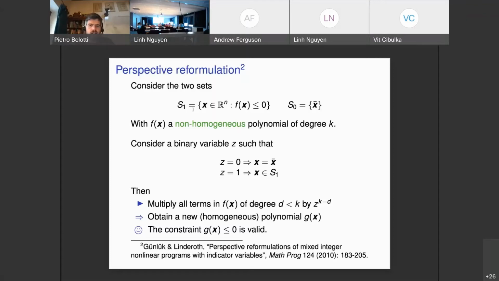What you get is now a homogeneous polynomial g of x, and the constraint g of x less than or equal to 0 is as valid as f of x less than or equal to 0 was. And this time it takes into account the fact that for z equals 0, the constraint can be ignored. There is a citation here with the technique in much more detail by Günlük and Linderoth. There's also another citation by Frangioni and Gentile. So Claudio Gentile and Antonio Frangioni describe a very similar technique at pretty much the same time.